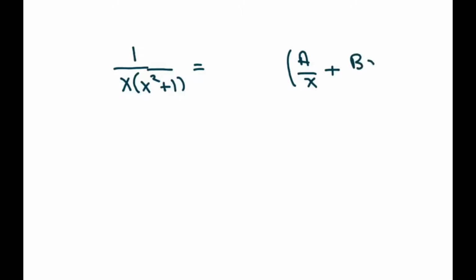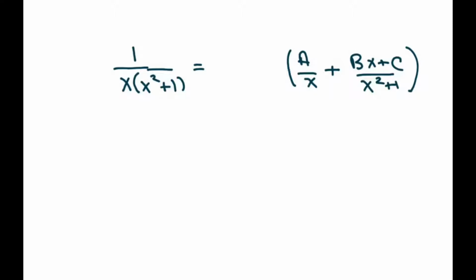Alright, so what we want to do now is write this again, 1 over x times (x squared plus 1) equals A over x plus (Bx plus C) over (x squared plus 1).